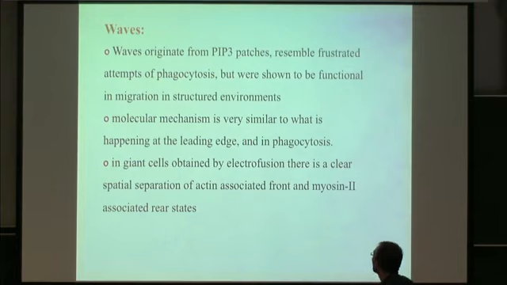And then I've shown that in giant cells there's a separation of front and rear pathways. Similarly, that can be shown in cells that are exposed to a uniform stimulation with cyclic AMP.